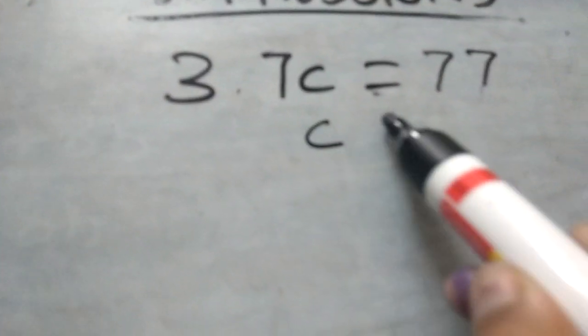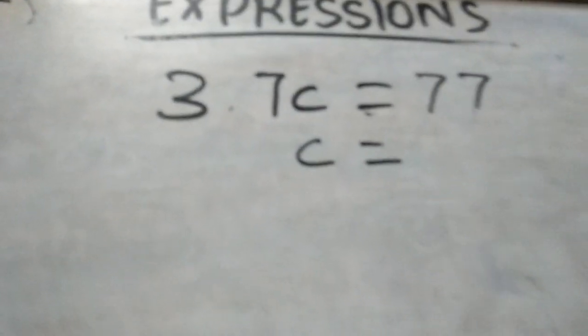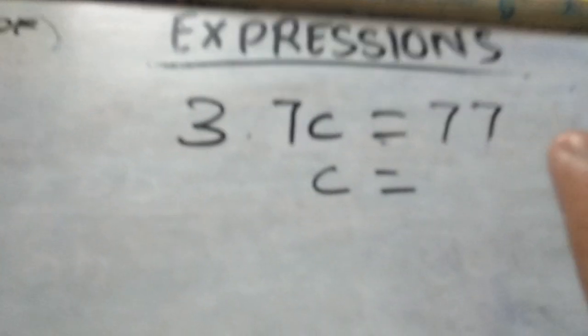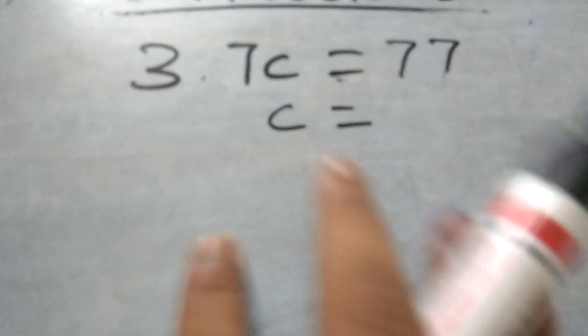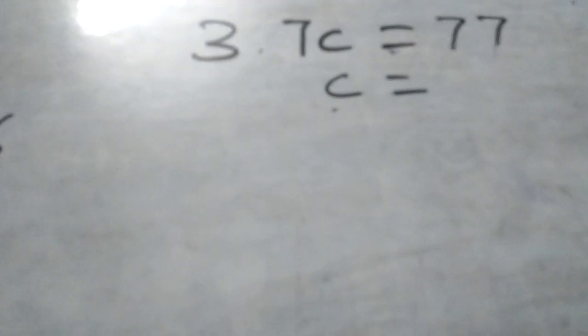Let's do another sum. To our third sum for the day. 7c is equal to 77. What I can tell you in easier words is you are supposed to separate the variable and the numbers. The variable will come to the left side of the equal to sign, and the numbers are supposed to go to the right hand side of the equal to sign to make it easier for us.